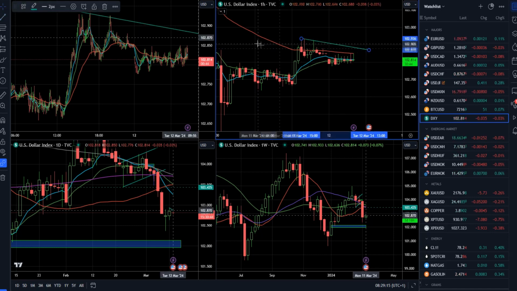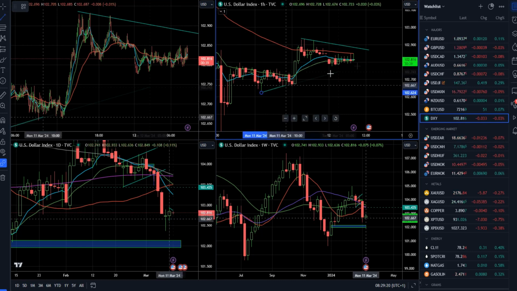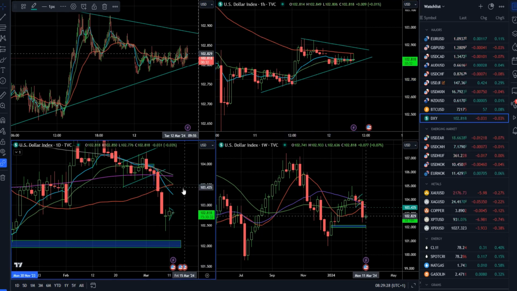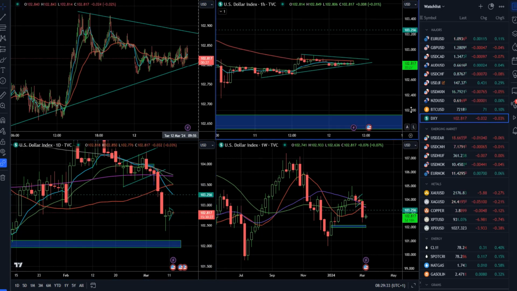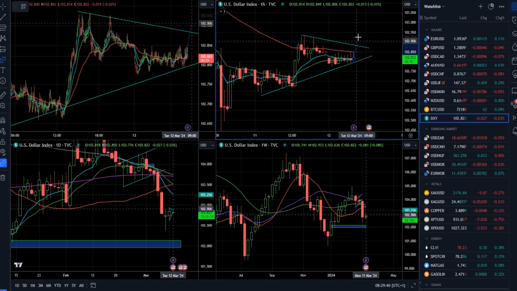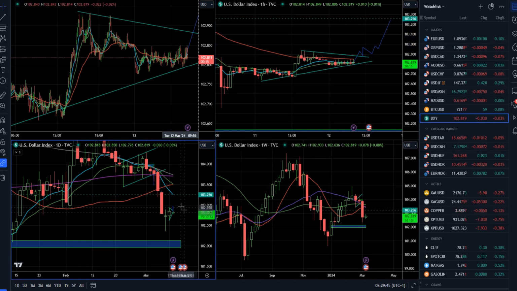We can see that this 50 EMA on the hourly is holding well, but from my perspective, if we can clear this 102.94, 102.95, there will be a chance for maybe even a test of this declining 10-day moving average around 103.25. So in case of this upside breakout, there will be a chance for this 103.25 to be on the test, which is a declining 10-day moving average.